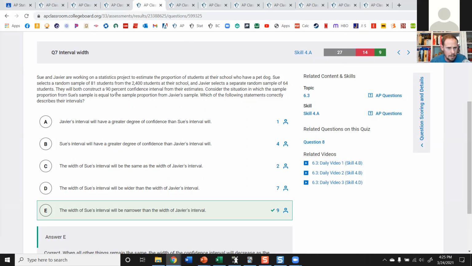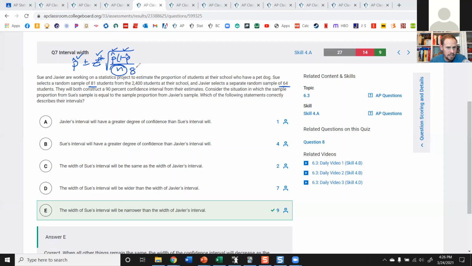All right, so now what's happening here is her sample size is bigger than his sample size. So we end up with p hat and 1 minus p hat over n, and then times a z star, and then p hat plus or minus that is how we make those intervals. So the p hats will be the same. The z stars will be the same. But what's going to be different is this n.